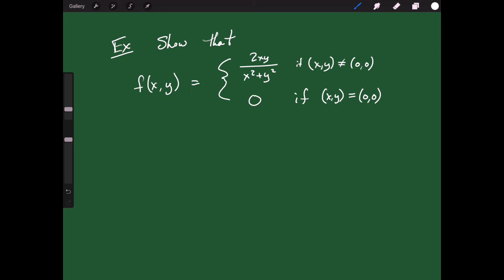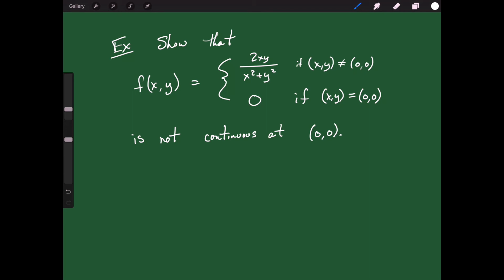Show that that is not continuous at the point 0, 0.